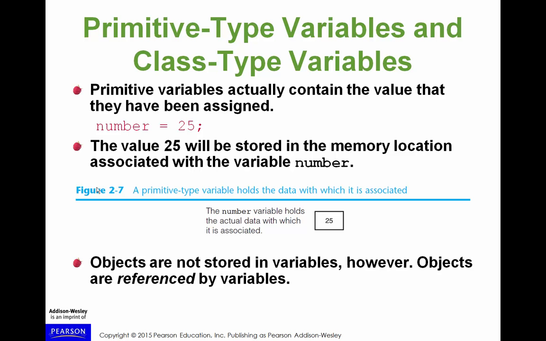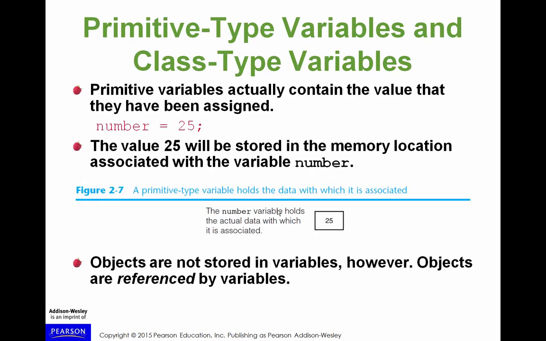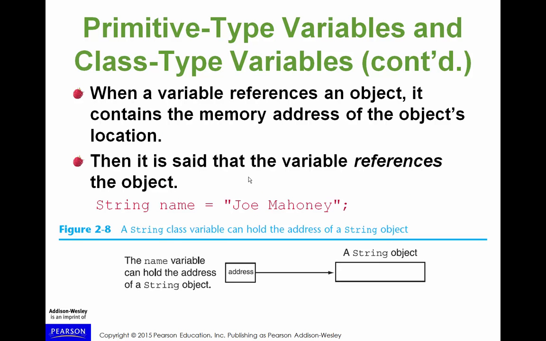So they're not stored the same way. However, we do use variables to reference the object, to refer to the object. So in this previous example, when we say string number, number refers to a string, and in many cases it can be treated like a primitive, but the string is not actually stored in a memory location that is referred to by number. It's a little bit different than that.